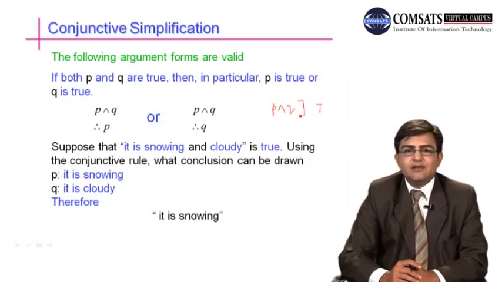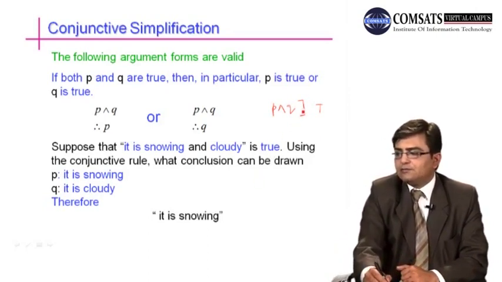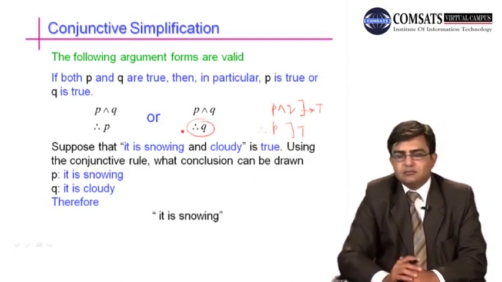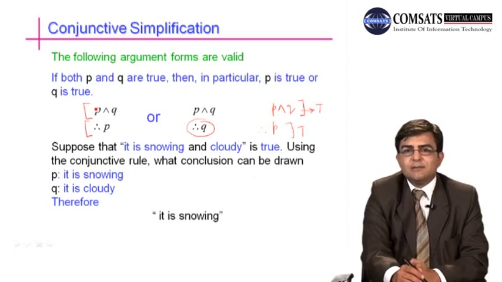So if P and Q is true as a whole, we can say P is also true, or we can say that Q is also true. So we can simplify this premise P and Q into therefore P. Here we simplify the conjunction operator, therefore it is called conjunctive simplification.